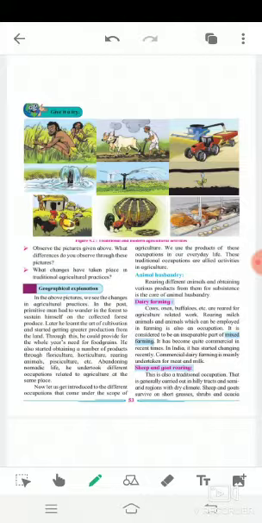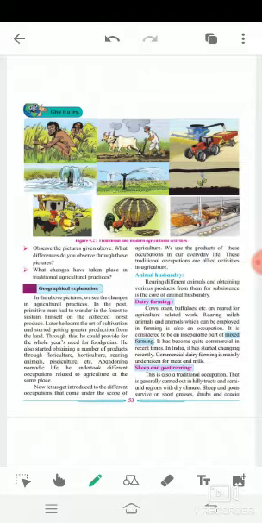Geographical explanation. In the above picture, we see the changes in agriculture practice. In the past, primitive man had to wander in the forest to sustain himself on the collected forest produce. Later, he learned the art of cultivation and started getting greater production from the land.